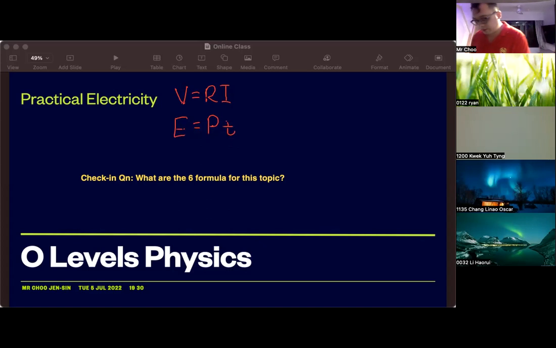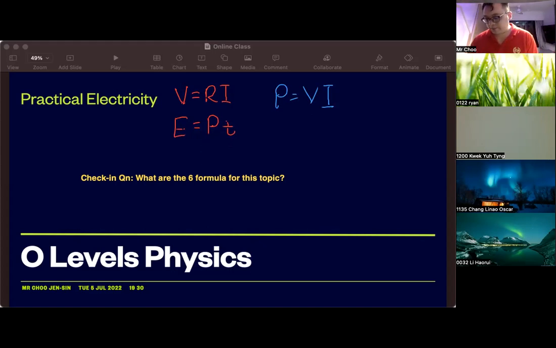The one formula that you're going to learn in this topic, just one formula, is power equal to VI. That is the only formula that you need to know for this topic. Power equal to VI.